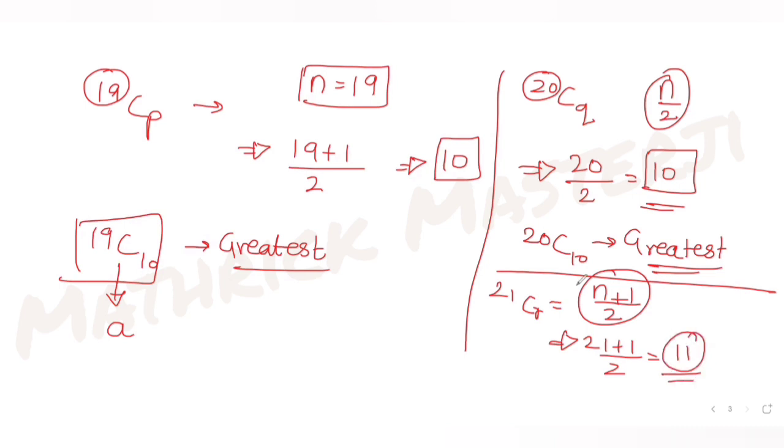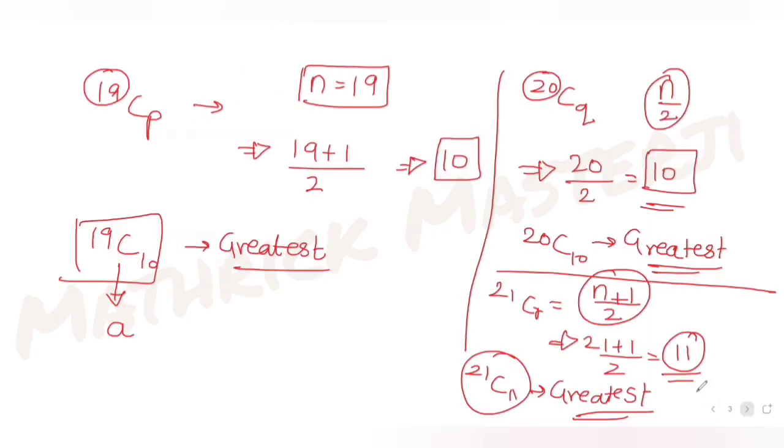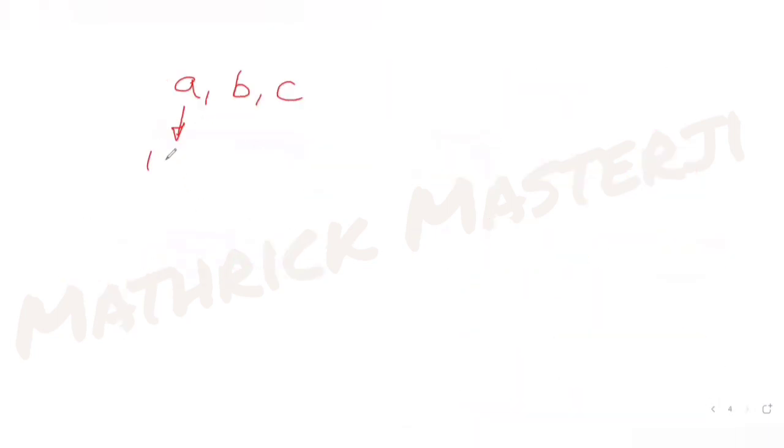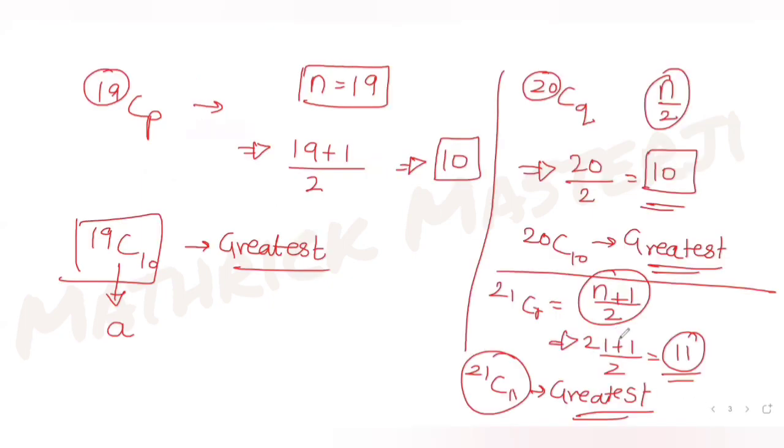So I get here that 21C11 is going to be your greatest. I have been told in the question that A, B, C are my greatest values of 19CP, 20CQ, and 21CR. So from there I get A, B, C are the greatest values of 19C10, 20C10, and 21C11. So we have these three greatest values.